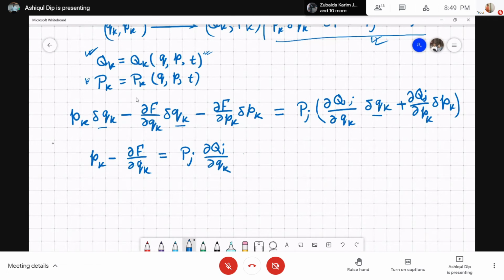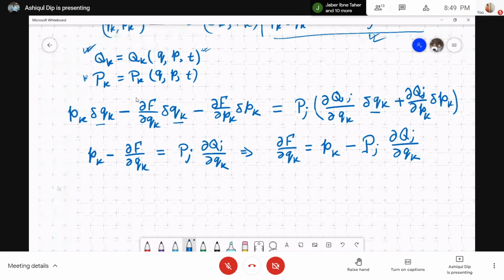So we can change it a little bit and finally write delta f over delta q_k equals small p_k minus big P_j delta Q_j over delta small q_k.